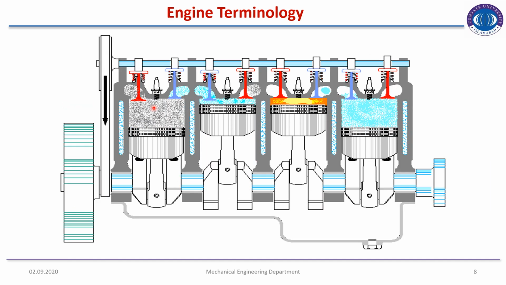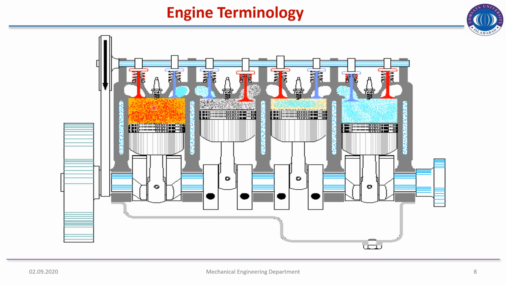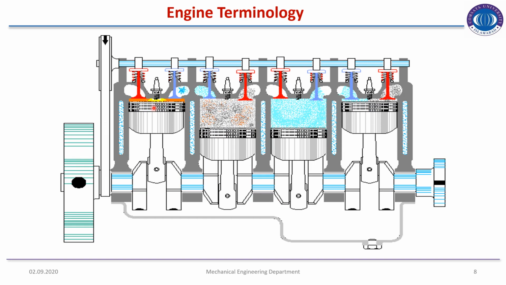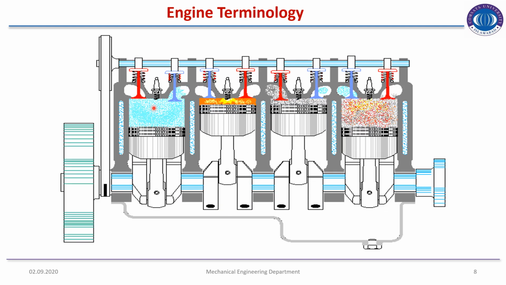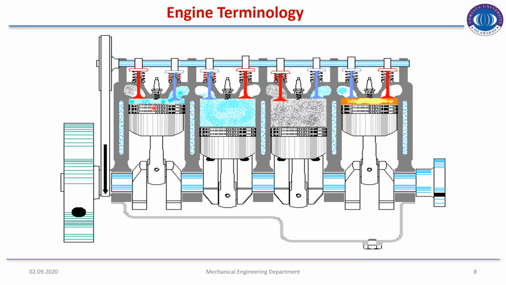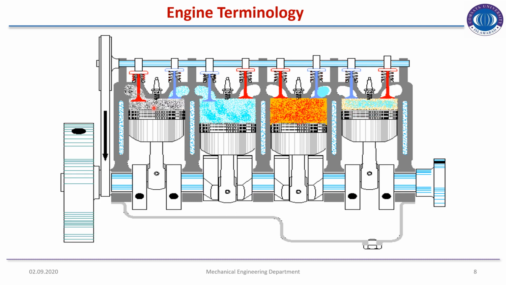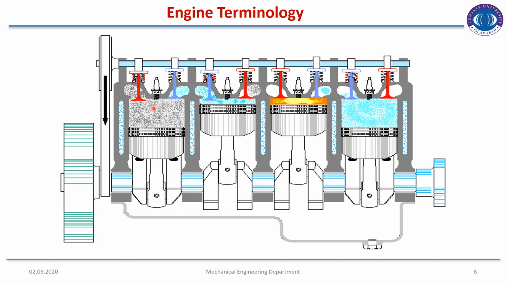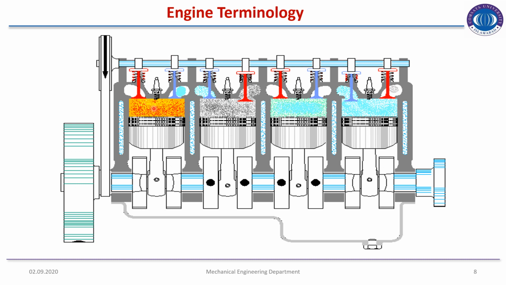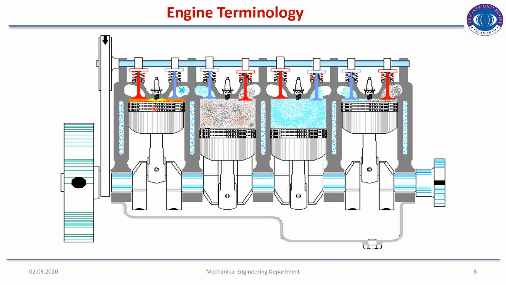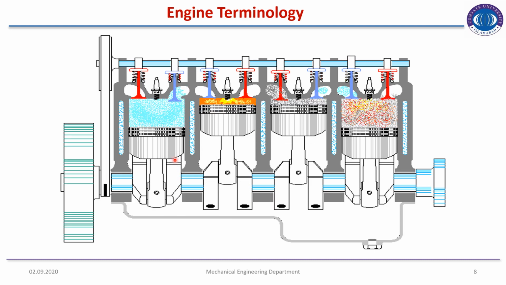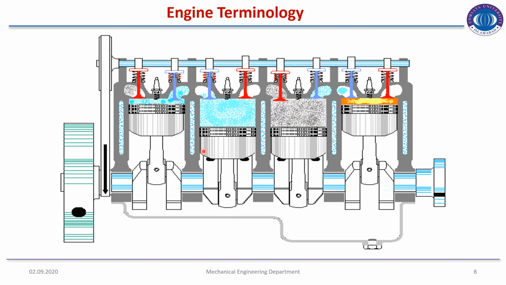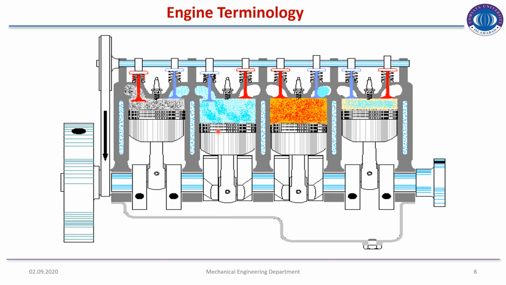So this is an animated diagram of a car engine. As I have already told you, in a four-stroke engine, the power is produced only in one stroke. So one out of four strokes produces power. So we use a multiple piston cylinder system.